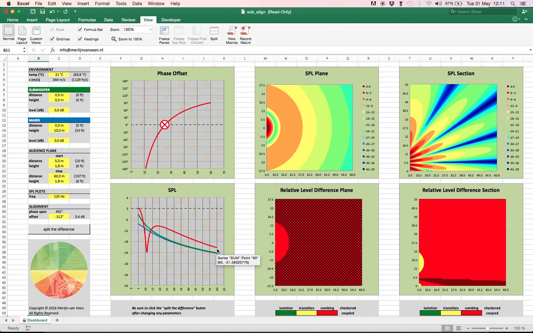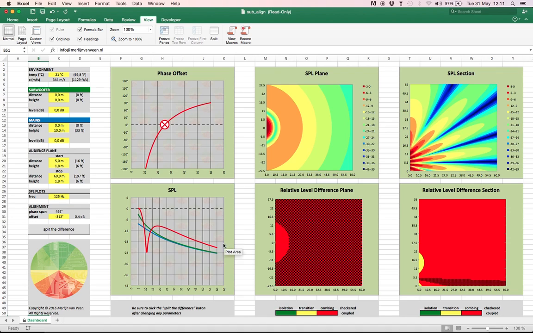And it shows that we now have a broader range, a larger checkered pattern, if you will, a larger part of the audience that is seeing a coupled interaction between the main speaker and the subwoofer.